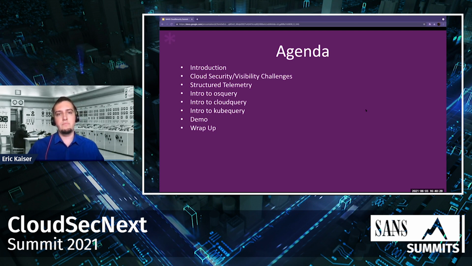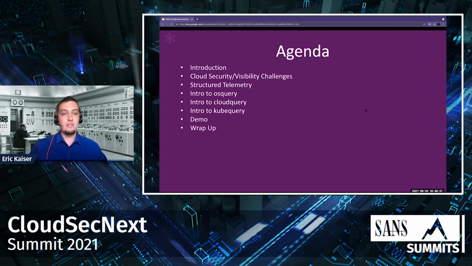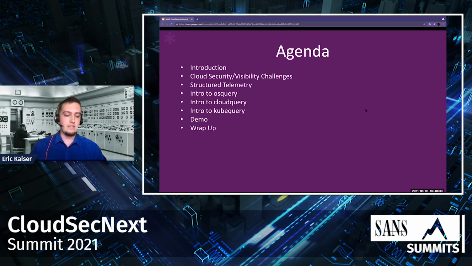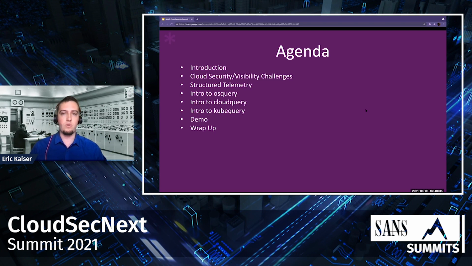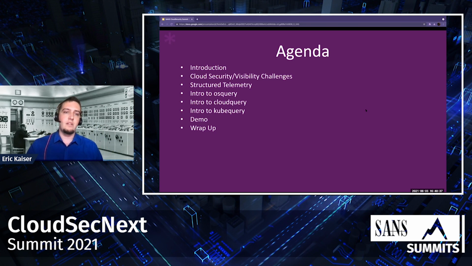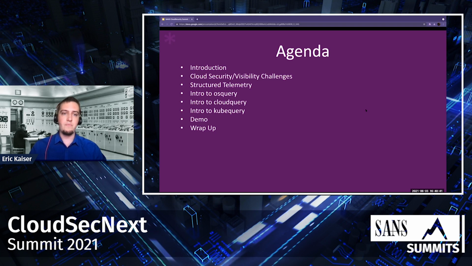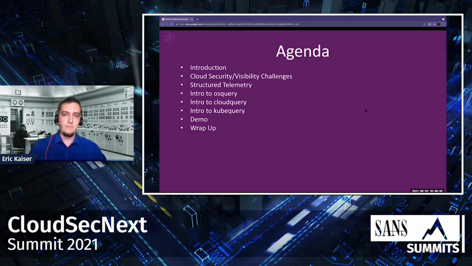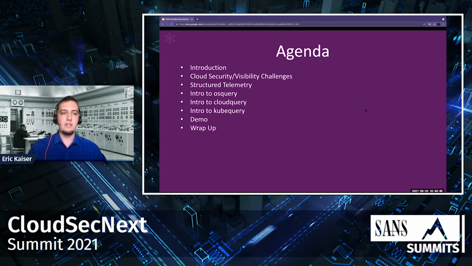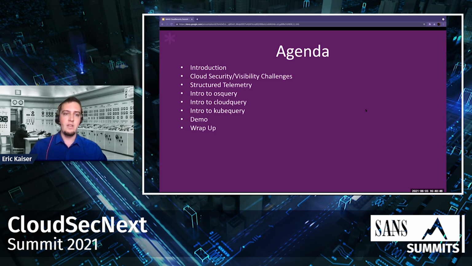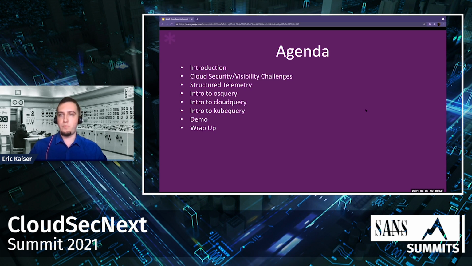Although if you're here, hopefully you have an idea. Structured telemetry, sort of an introduction to what that is and how that can work to be a whole picture. A brief overview and introduction to osquery, the same for CloudQuery, and the same for KubeQuery. Then, if the fates smile on me, we'll have a live quick demo, and then a wrap-up Q&A, all the rest.